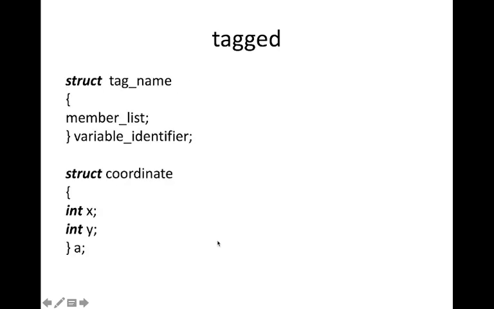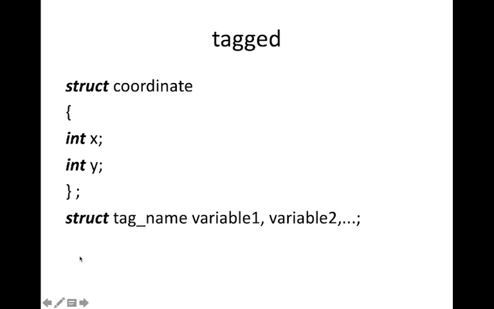So both ways we can declare. This is struct coordinate A, where we are declaring the variables here itself. Another way is to declare variables separately. Structure variables can be declared separately like this: struct, and you have to give the name of the structure, coordinate A comma B.